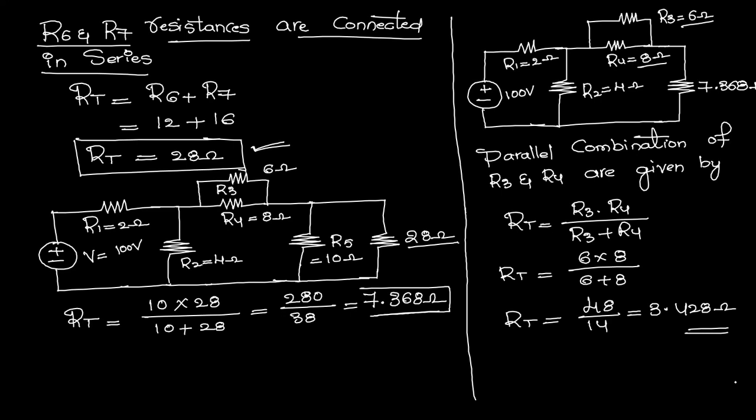Now, instead of this parallel combination of R3 and R4, again I am going to replace it with the resultant value of 3.428. Now I am going to redraw the network like this. Now see, this one is R1 with a voltage source of 100 volts.